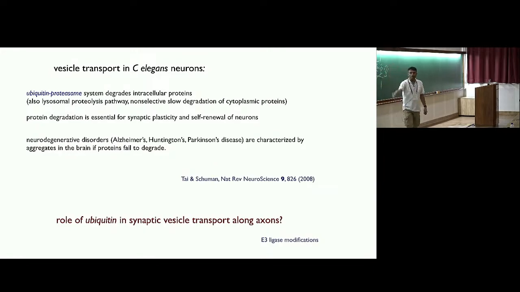Ubiquitination happens on top of most of these proteins. Ubiquitin goes and gives a tag; multiple ubiquitination tags a protein, telling it that it needs to be degraded, and ultimately the proteasome will degrade it.